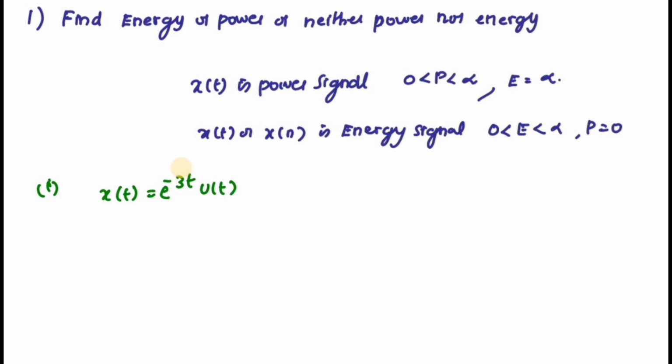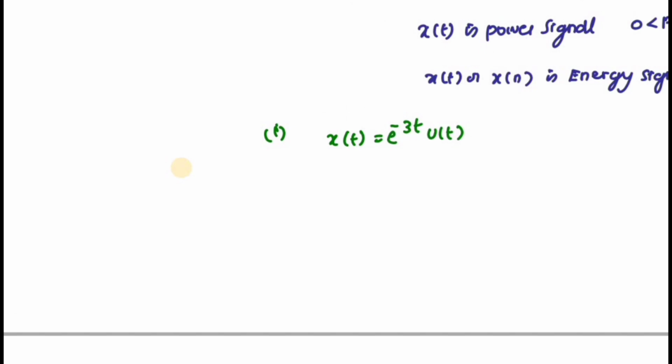So what is the formula for energy? Energy is equal to the integral from minus infinity to infinity of modulus of x of t the whole square dt.